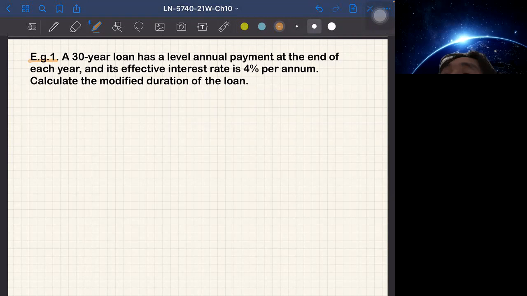So duration should be about 15.5. But you can see that the present value is higher for the earlier payments, so probably the modified duration is even shorter than 15.5. Okay, so now we want to calculate this.